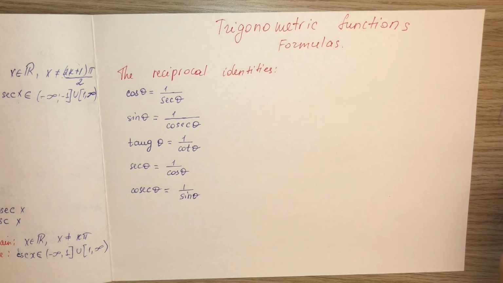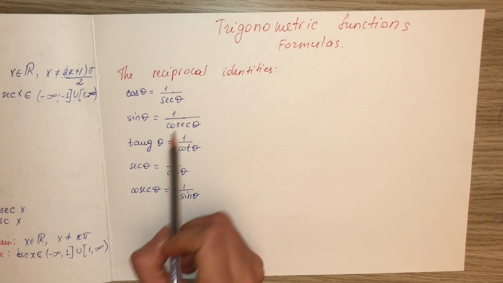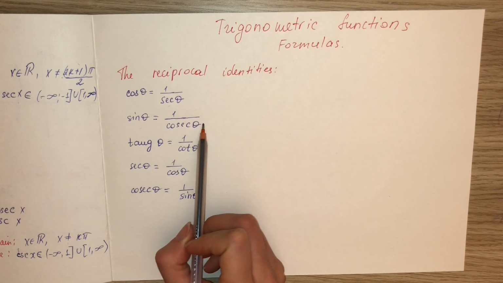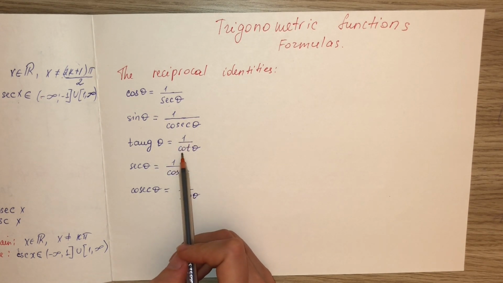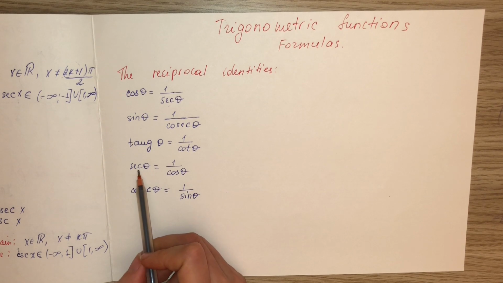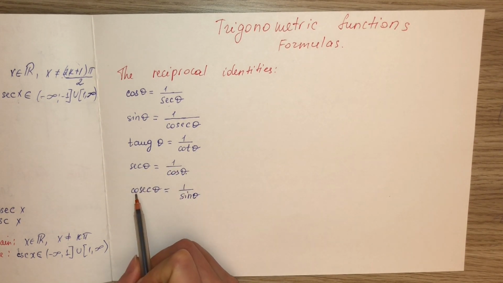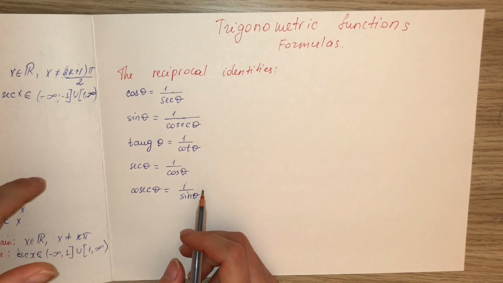We get that cosine theta is equal to 1 over secant theta, sine theta is equal to 1 over cosecant theta, tangent theta, as we mentioned before, is equal to 1 over cotangent theta, secant theta is equal to 1 over cosine theta, and finally cosecant theta is equal to 1 over sine theta.